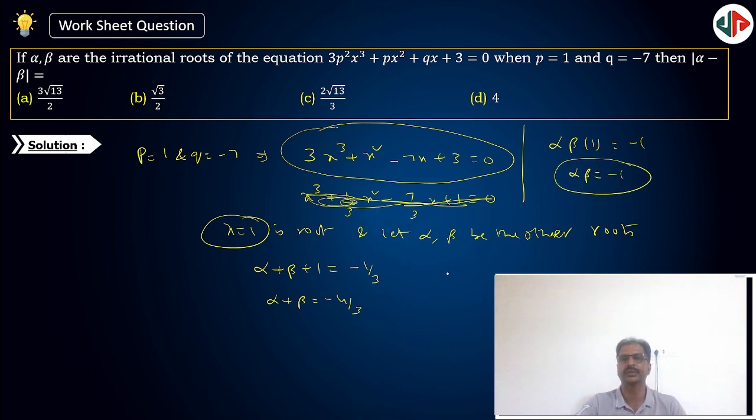Now the question is finding mod of alpha minus beta. Mod of alpha minus beta is nothing but under root (alpha plus beta) whole square minus 4 alpha beta.